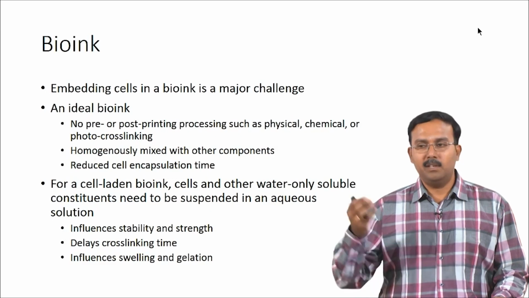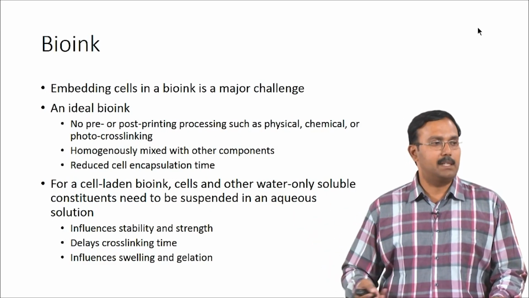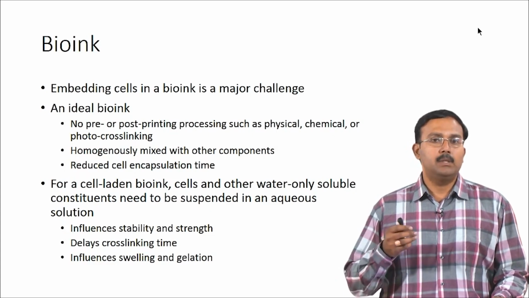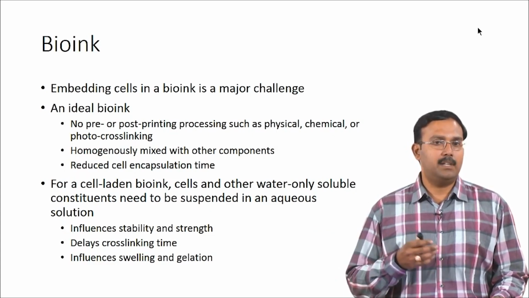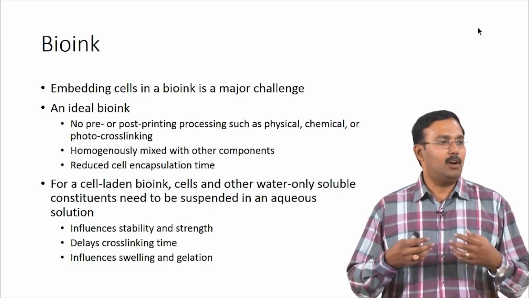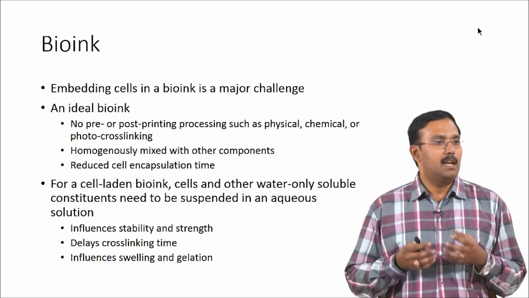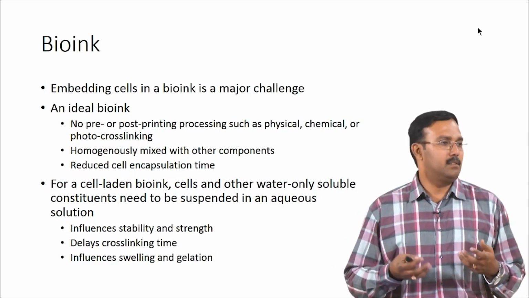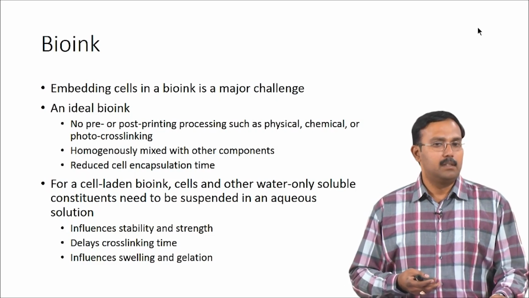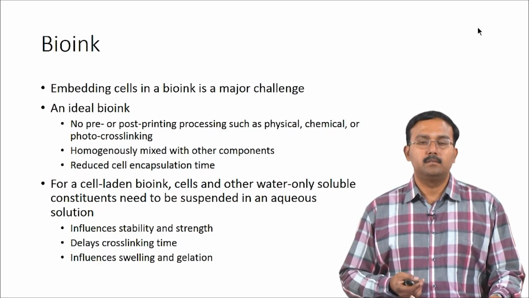Otherwise, you are going to have them loaded in one part and it is not going to print uniformly or print the way you expect them to print. You also have to have reduced cell encapsulation time, in the sense that it should not take a long time for the cells to actually be engulfed by, or dispersed in this, and if that is going to be the case, then the cells are probably going to die. So, you would want it to have a short encapsulation time.